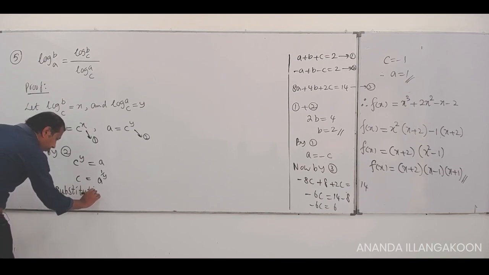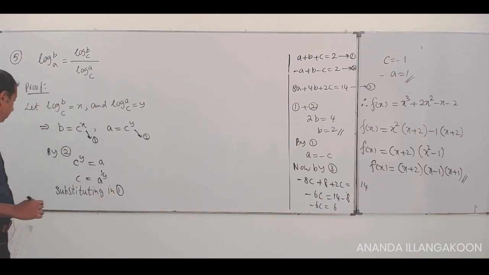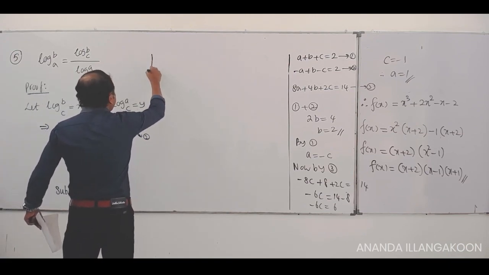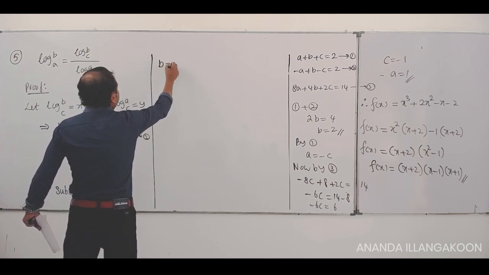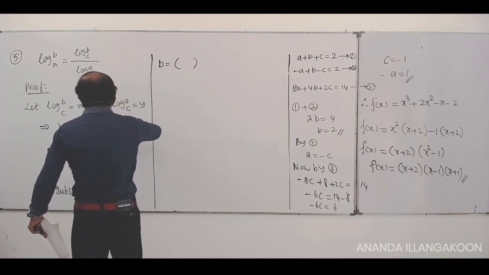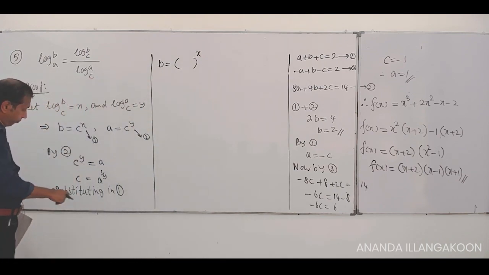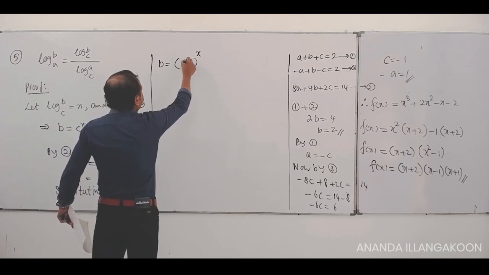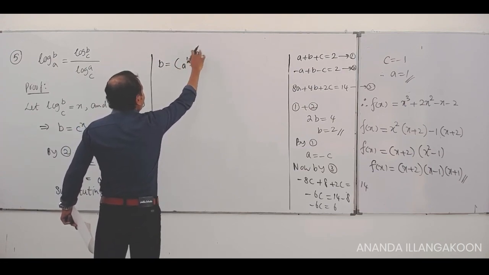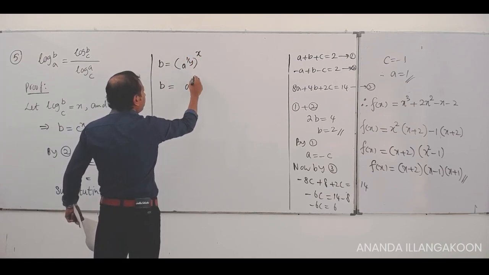Substitute in 1. What do you get? B equals, for c, I write the bracket, power x. But this c is a to the power 1 upon y. Now this power and this power we can multiply. We get 1 upon y into x, means x upon y.